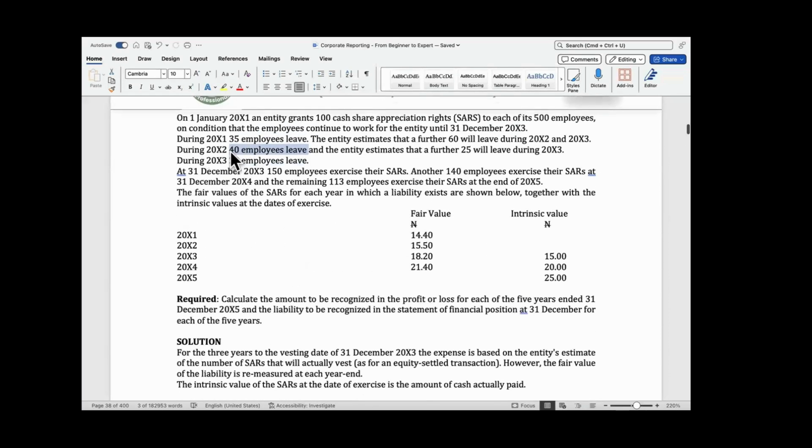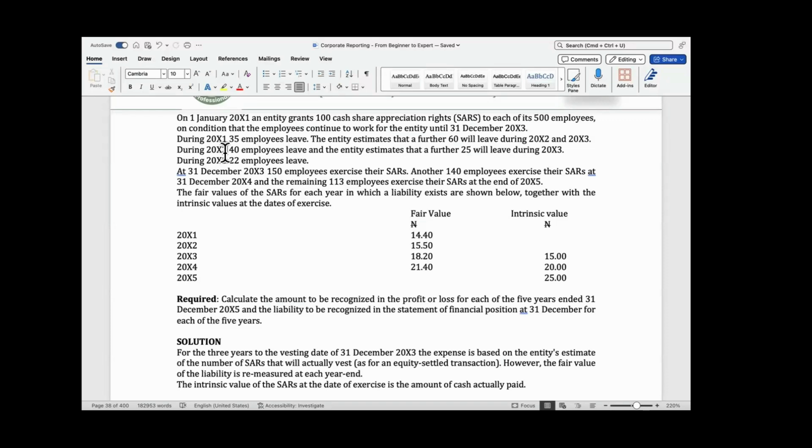In year 2, 40 employees leave, and the entity estimates that a further 25 will leave in year 3. So who can tell me, at the end of year 2 now, what's the estimate of total departure? 35 left, 40 left in year 2, plus 25.